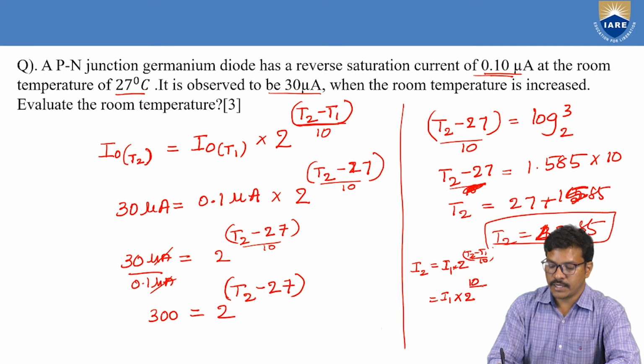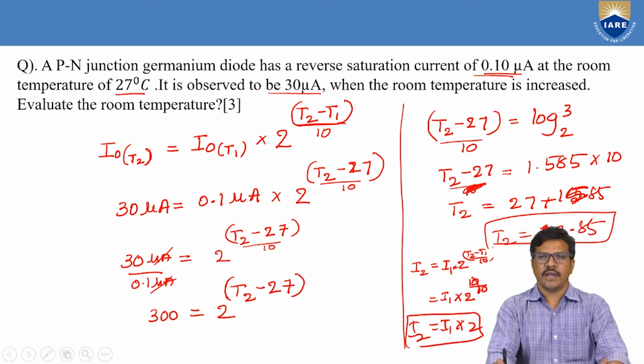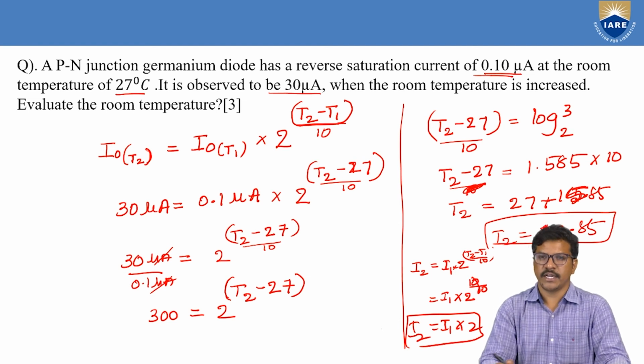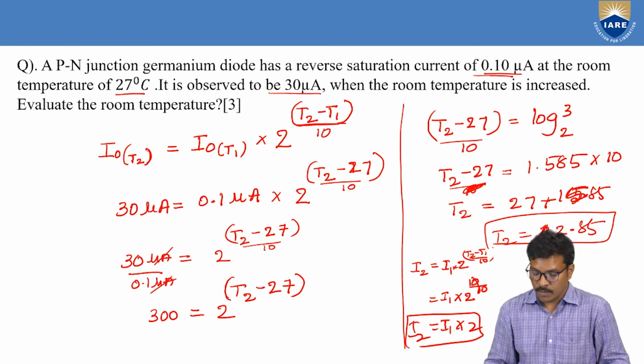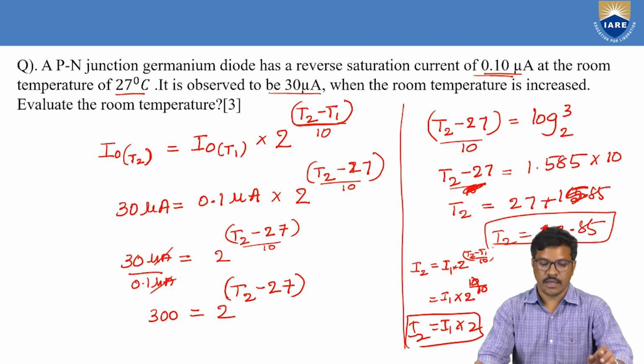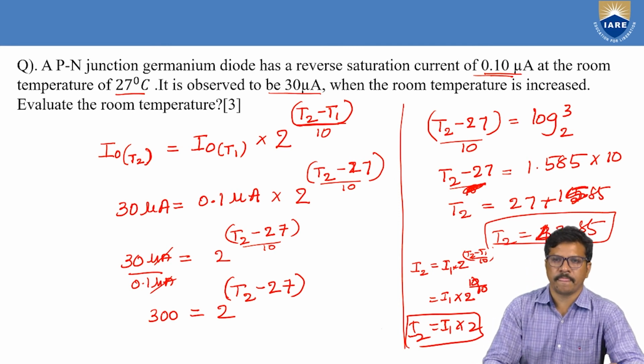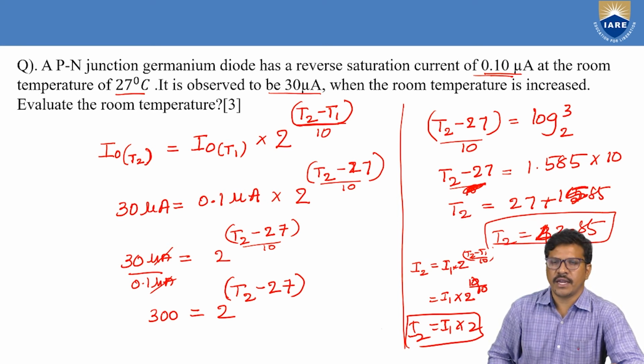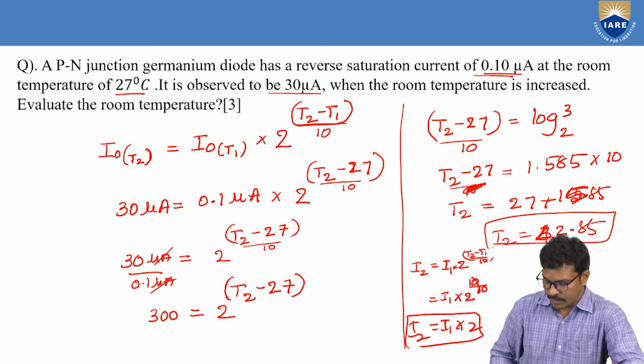Delta T is 10. 10 by 10, you will get I1 into 2. I2 is equal to I1 into 2 means every rise of 10 degrees Celsius in temperature, you will get double the current. It doubles the reverse saturation current for every 10 degrees Celsius change in the temperature.